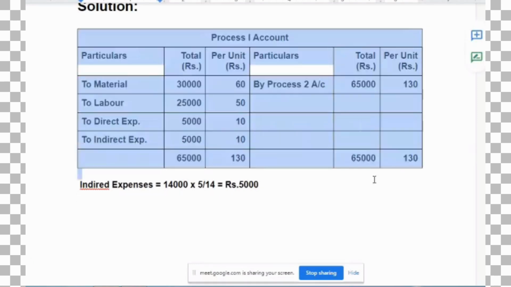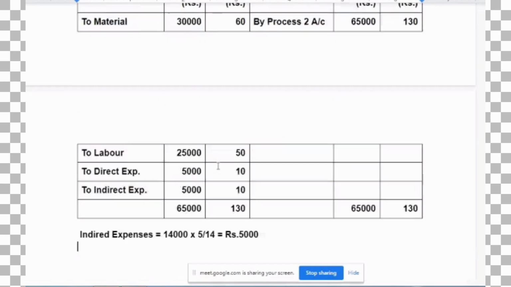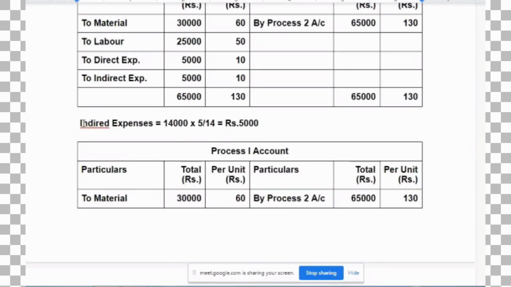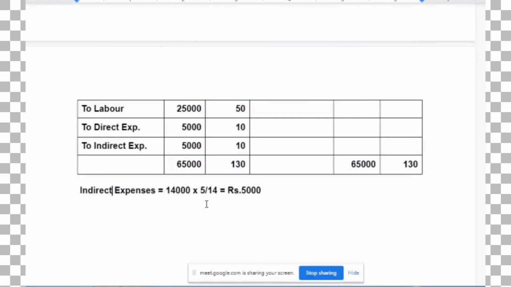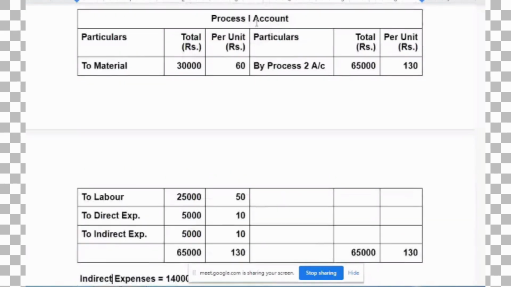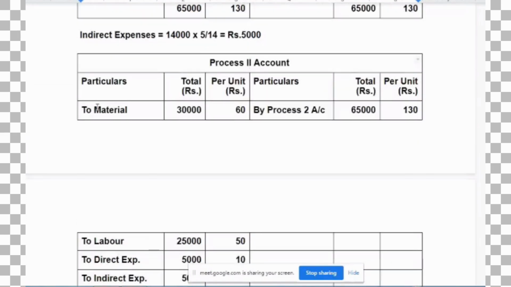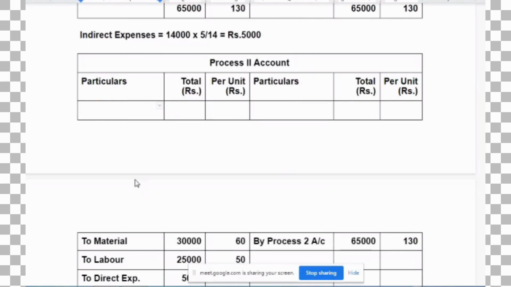Now in the same way we are required to prepare process 2 account. આજ પ્રમાણે આપણે process 2 account તૈયાર કરીશું. So let's say process 2 account, indirect expenses. In process 2 account, what we need to do is first transfer the material from the previous process. ઉપરની પ્રોસેસ માંથી આપણે પહેલા માલ લાવીશું.